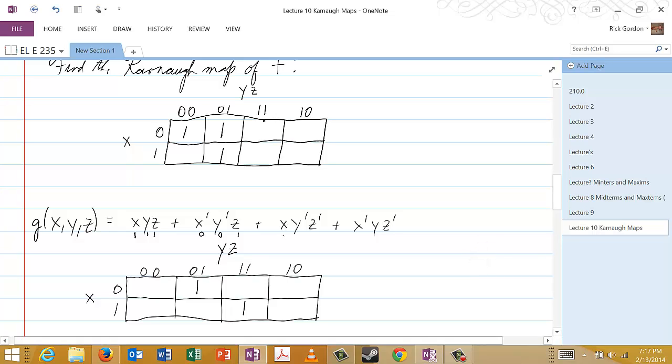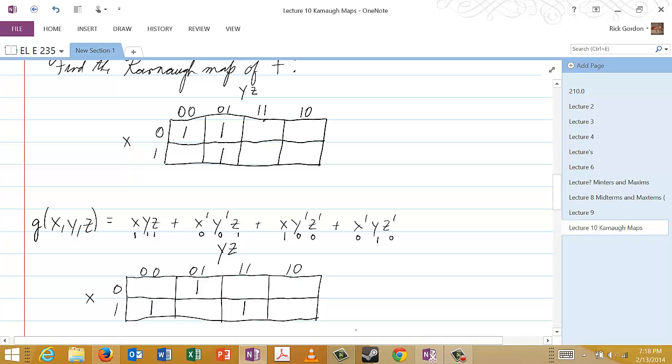Now, let's look at the next term. For it to be equal to 1, we need x to be 1, y to be 0, and z to be 0. Okay, where is that cell? Well, x is 1 tells us we're on the second row, and y and z are both 0 tells us we're right here in this cell. And then finally, for the last term, it will be equal to 1 when x is 0, y is 1, and z is 0.